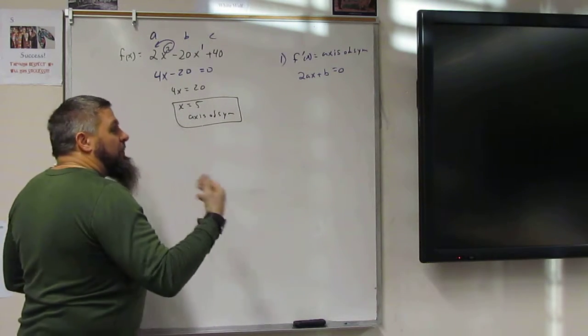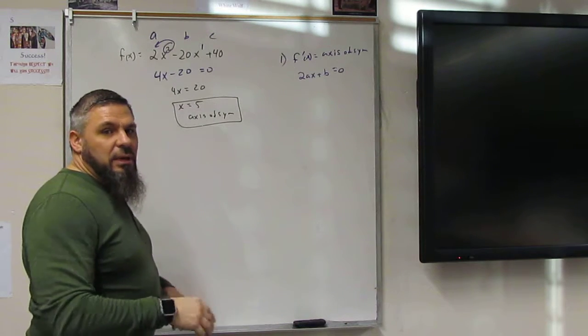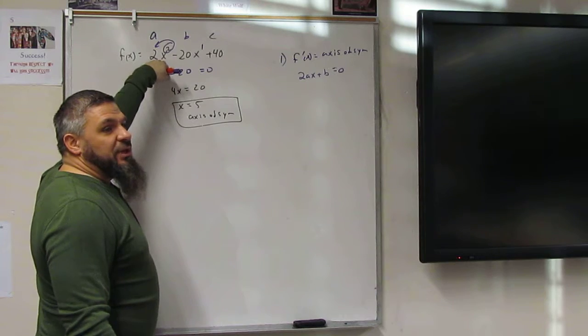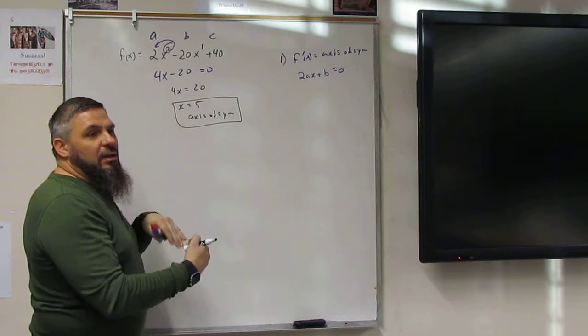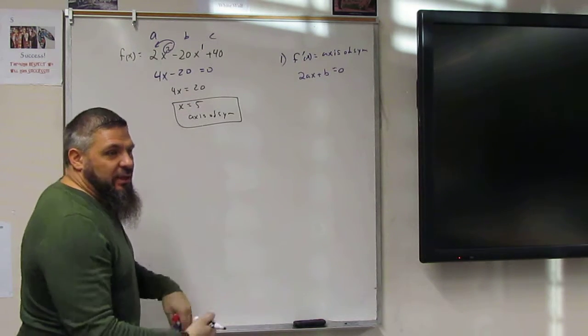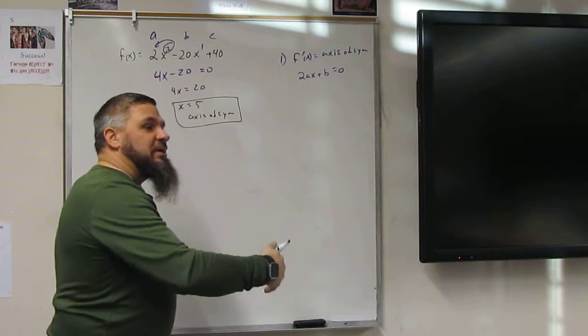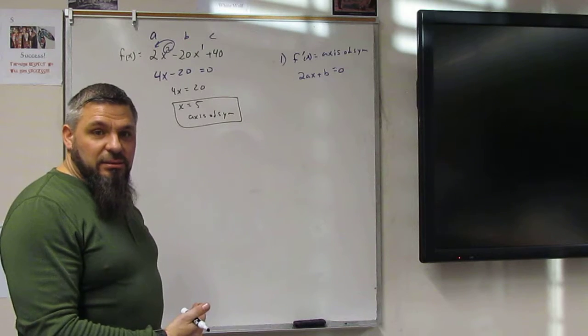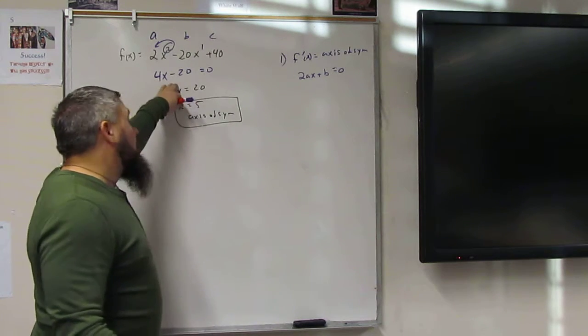Right? That's the point of derivatives. The derivative is going 1 less than this degree. 1 less degree. So if it's a cubic, it's going to turn into a quadratic. A quadratic is going to turn into a linear.